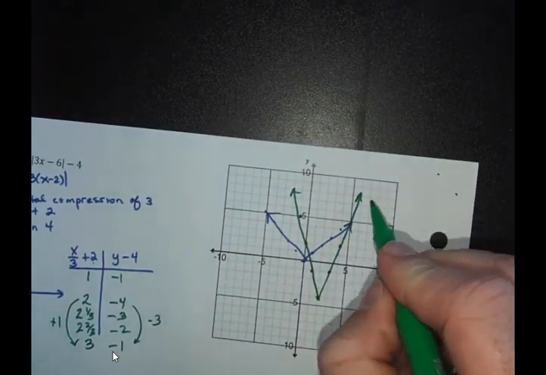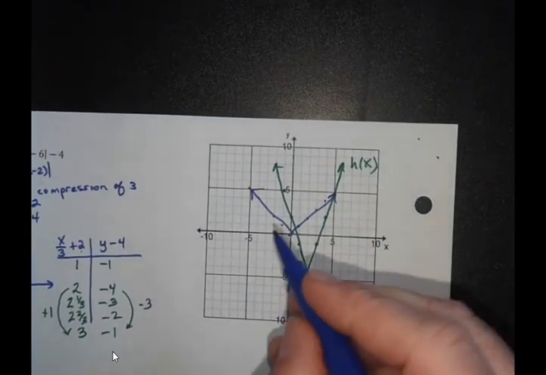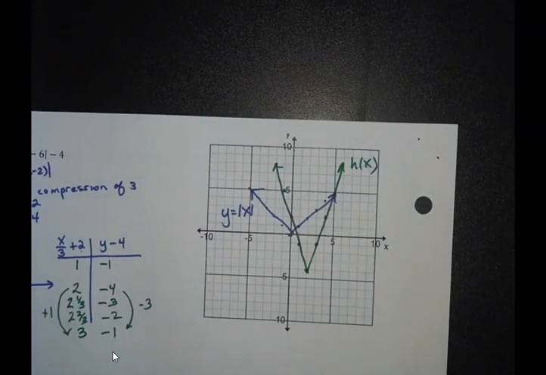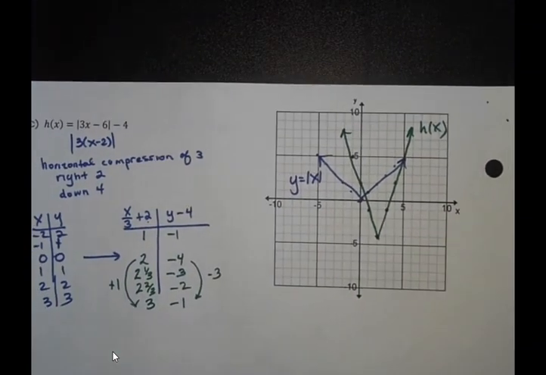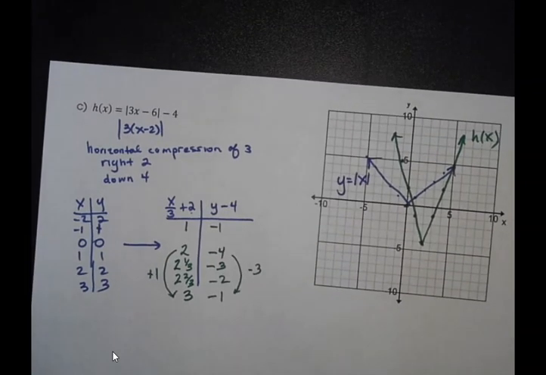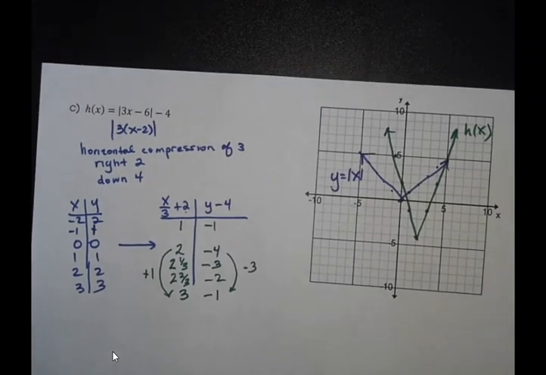So this is h of x, my green line, and my blue line is my y equals absolute value of x. Okay, so you can be creative, that's fine, as long as you show me some thinking of how these transformations work.